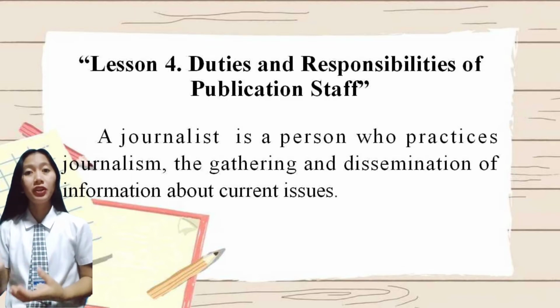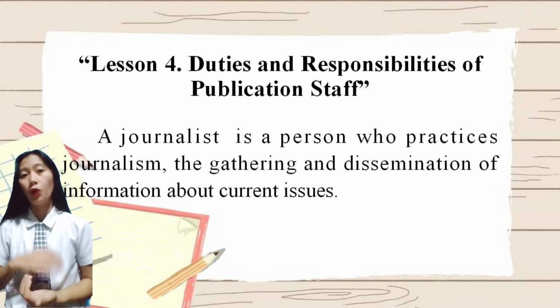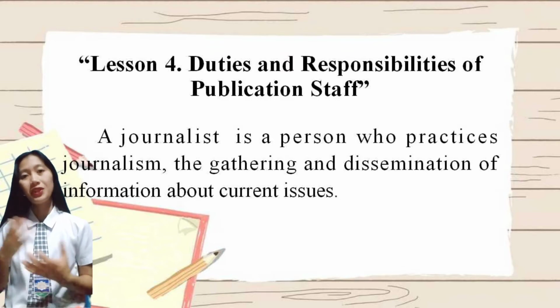Typically, a journalist works in an office, in newsrooms, or in schools or campuses, where they are called student journalists. In every school or university, there are always organizations like student publications, made up of students who have prior knowledge and skills related to the organizations they have joined.